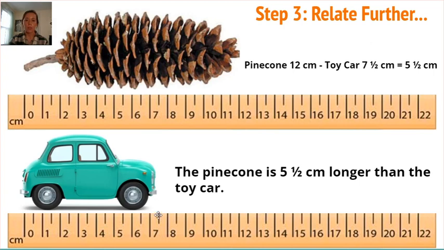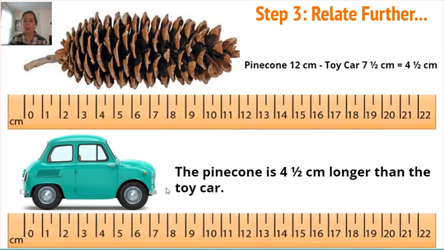And we come here and we get 4.5 centimeters. So again, we can further relate this and know that we're going to take the bigger measurement, 12 centimeters, the pine cone, and subtract the smaller measurement, which was the toy car, 7.5 centimeters, and we get 4.5 centimeters.